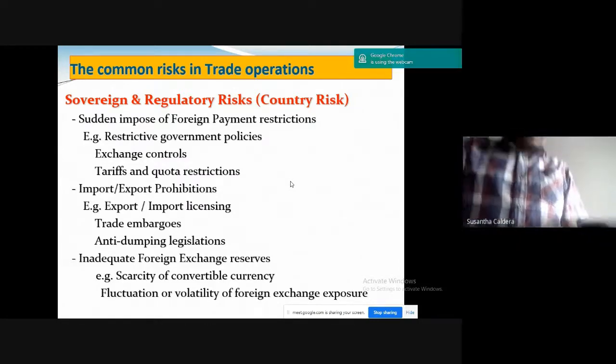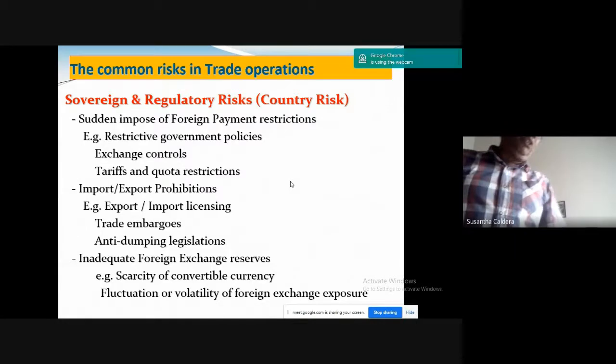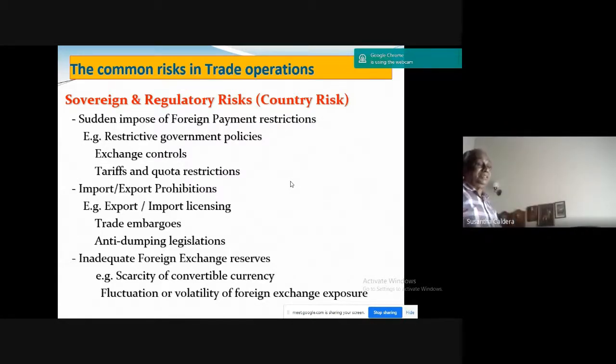If you want to buy oil from Iran, there are so many restrictions. The only legitimate concession the UN has given, on the embargoes, is that you can exchange oil against food.